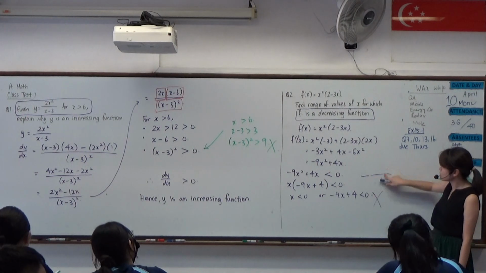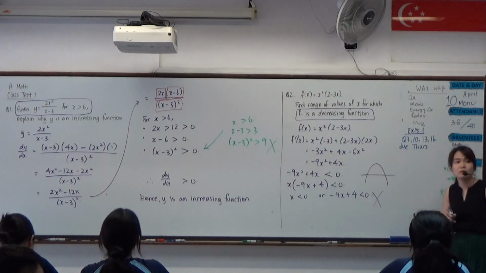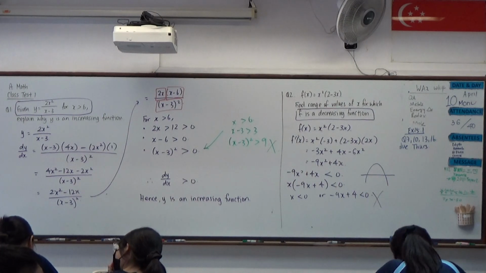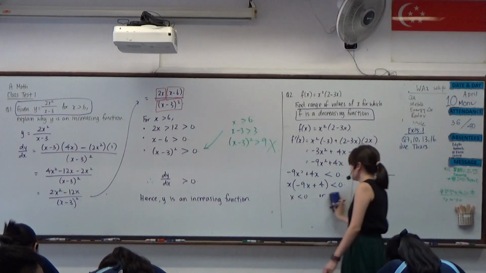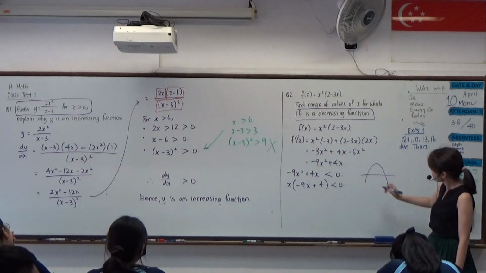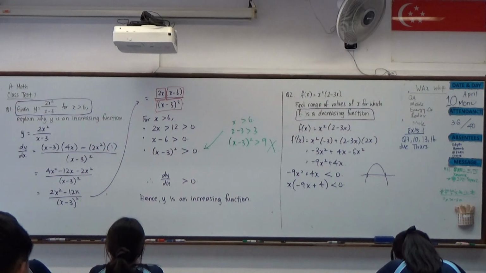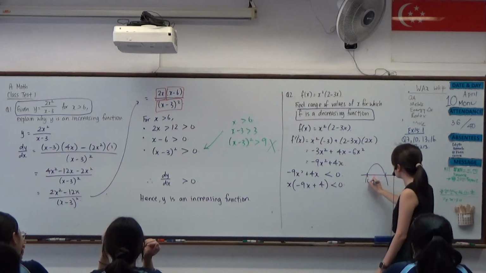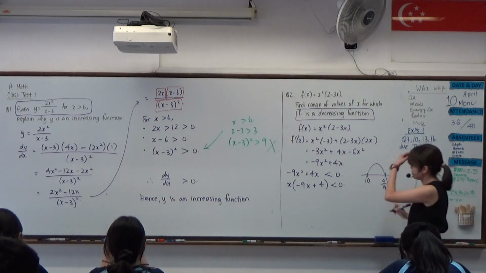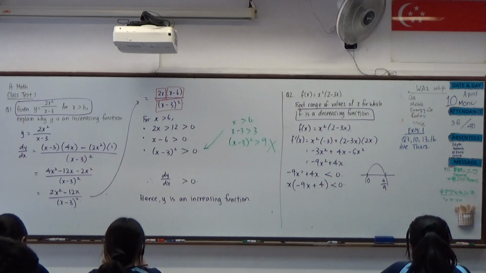Your graph should in fact be a sad face graph looking like that. So with this sad face graph, our values over here will actually be 0 as well as 4/9.